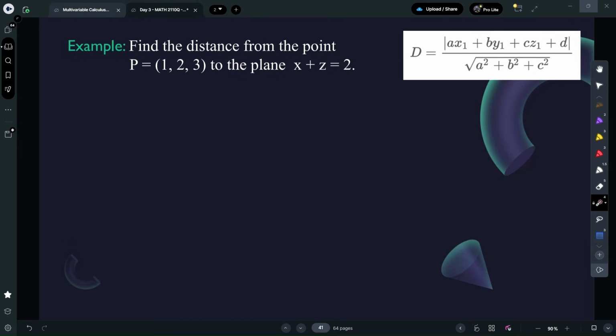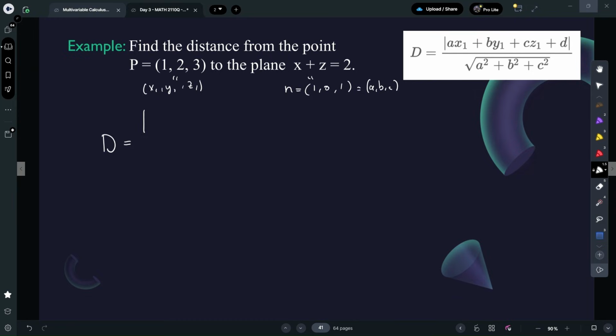So here we're going to find the distance from the point (1, 2, 3) to the plane x plus z equals 2. And the formula is pretty easy once you know what the formula is. So we want the absolute value of a times x1. Remember, these are x1, y1, z1, and here the normal vector is, in this case, (1, 0, 1), and those are the coefficients a, b, c.